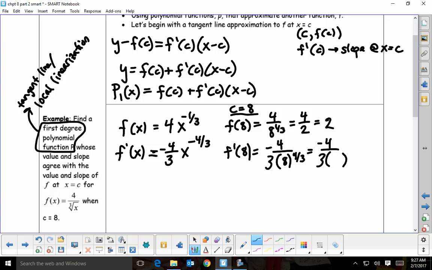So I already said the cube root of 8 was 2. 2 to the 4th is 16. Okay.